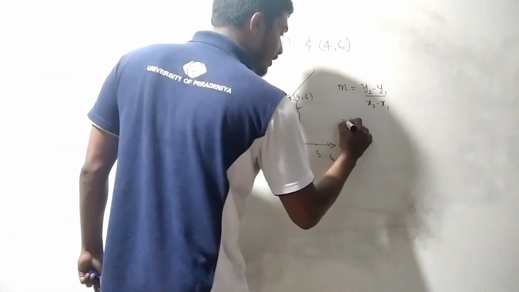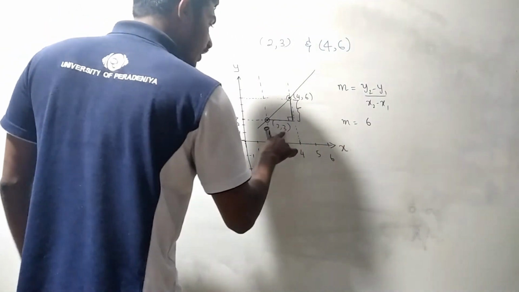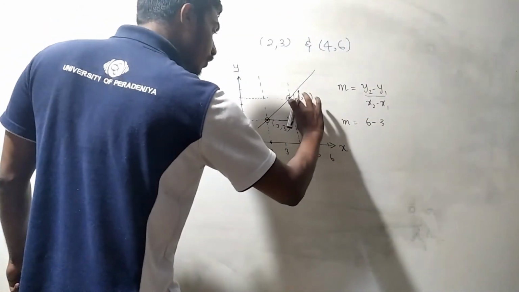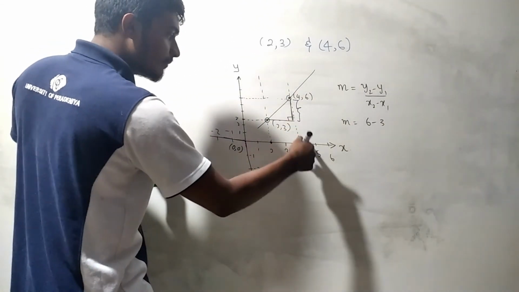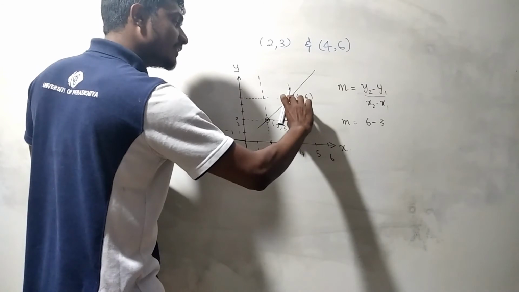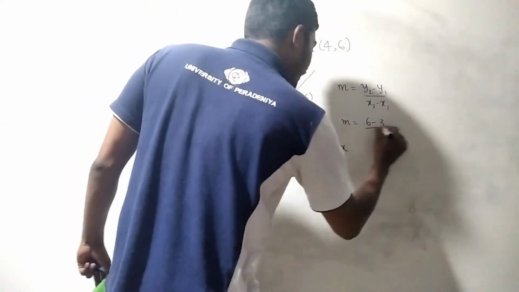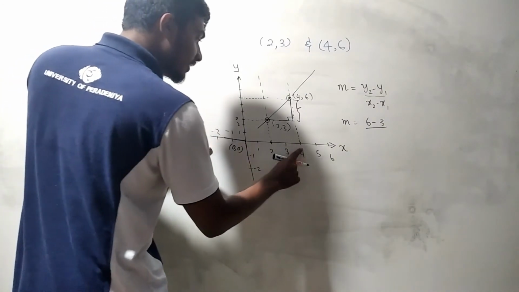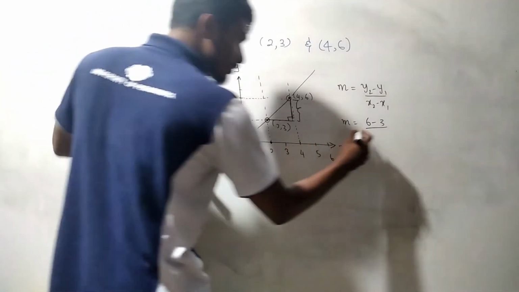In this case, y2 is 6 and y1 is 3, so the separation is 6 minus 3, which is 3. Divided by the x separation: from here to here is 4, and from here to here is 2, so it's 4 minus 2.